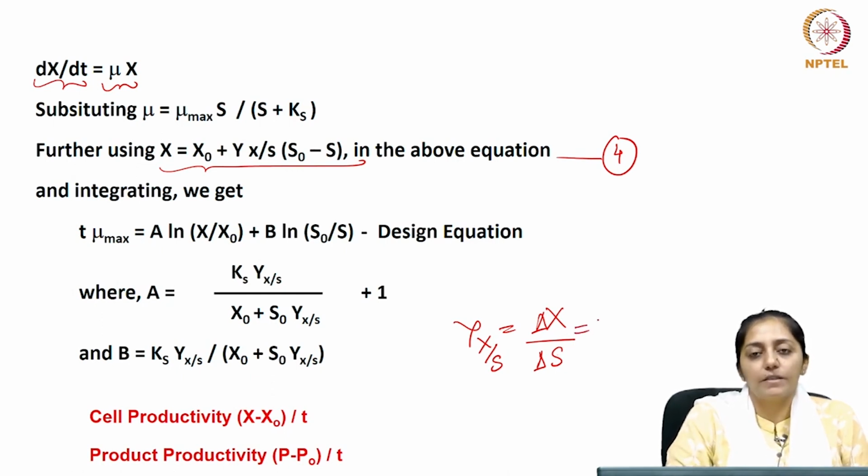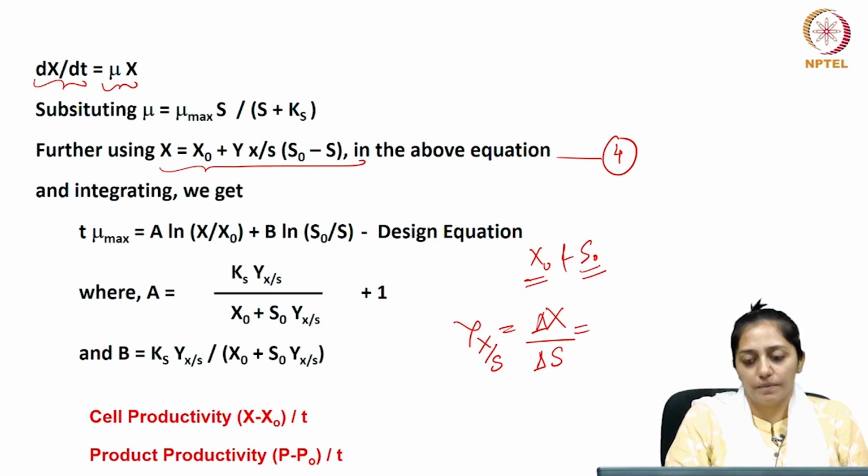So, in case let's assume that X naught and S naught are the initial biomass concentration and the initial substrate concentration inside the reactor. Initial means at time t equals 0.